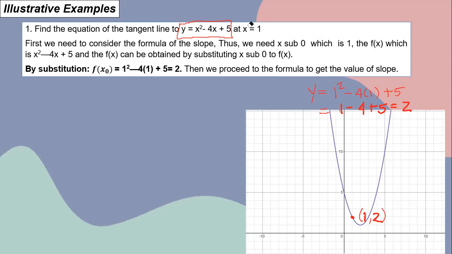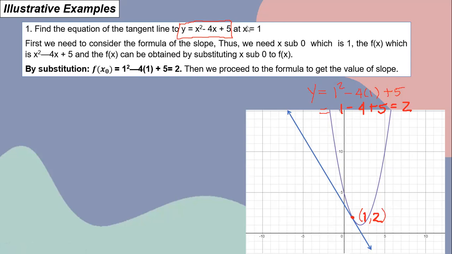Okay, so hahanapin natin yung equation ng tangent line passing through that point. Okay, so the tangent line looks like this. Okay, so ganyan yung tangent line. Okay, and kukunin natin yung equation ng line na yan. Okay, so we have the given.